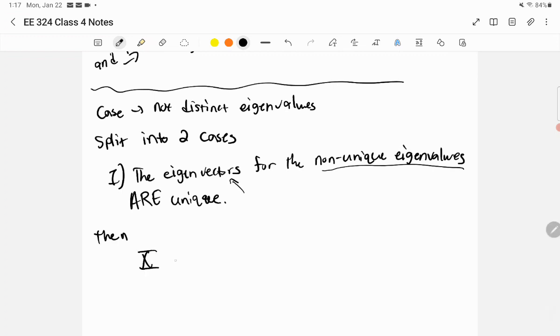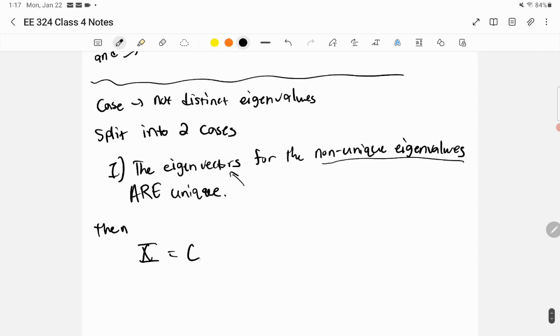Then x is going to be equal to c1 k1 e to the lambda 1 t. I'm just going to reorder all of the eigenvalues, since they don't necessarily come in any particular order, and assume that lambda 1 is the one that has multiple eigenvectors.